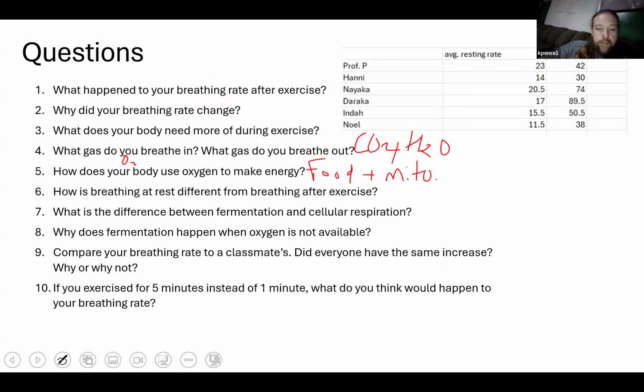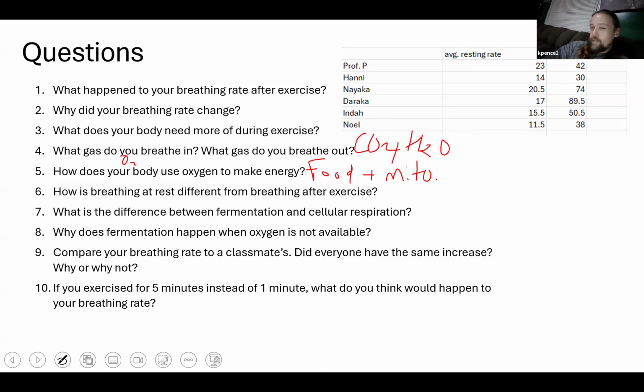So the breathing at resting rate, how's it differ from the breathing after exercise? Again, we noticed that it was increased, right? So why is your resting rate much lower? Okay, so we know that the rate was higher because we were in need of energy.